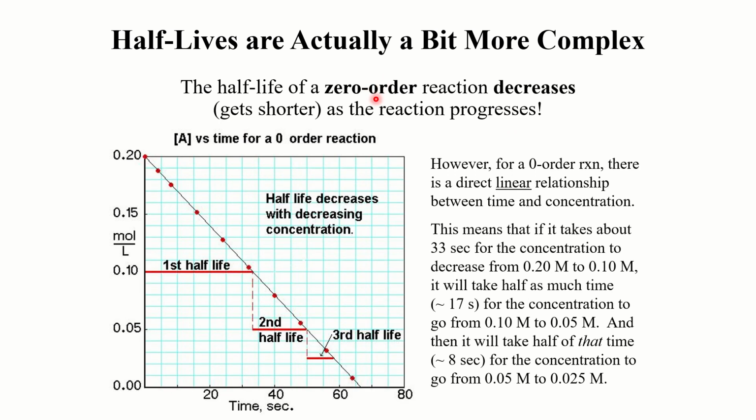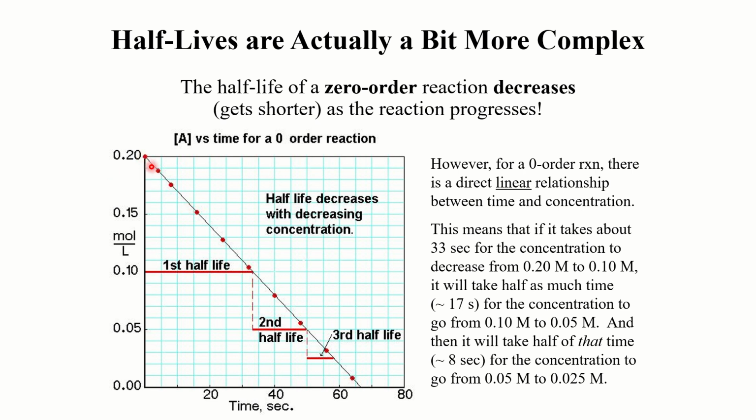For a zero order reaction, the half-life actually gets shorter as the reaction progresses. So if we look at concentration versus time, noting here that it's a straight line, which makes sense given what we just learned about graphing the data and comparing to the integrated rate laws.